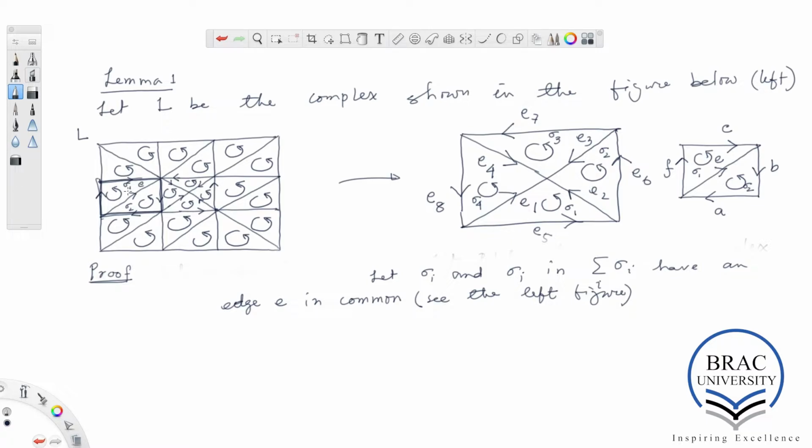So have a look at the left figure, and you'll see that these two simplices have the edge E in common. So for the given two chain D, we are given a two chain according to the statement of the lemma, del 2 D is carried by the boundary of L, right? This is given.